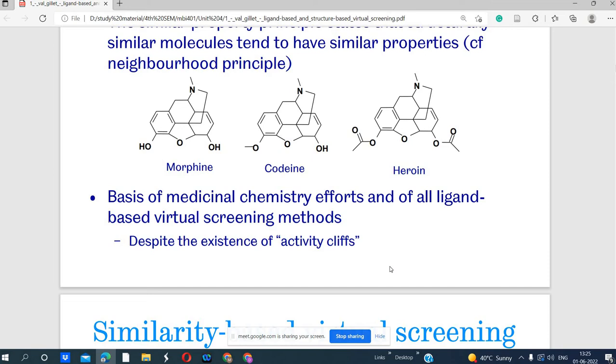We can screen related compounds, meaning molecules which have similar properties, like morphine, codeine and heroin. These are all similar compounds and share similar properties. So this is one example.